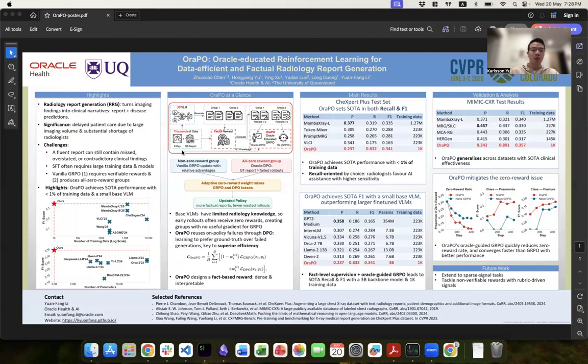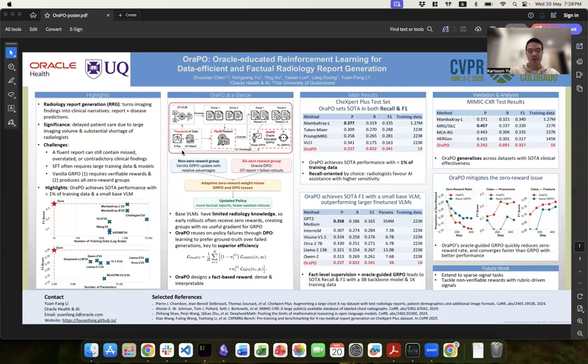We further validate OraPO on the independent MIMIC benchmark. Again, OraPO generalizes strongly across datasets and achieves the best recall and competitive F1 despite extremely limited training data. On the bottom right plots, we analyze the reinforcement learning dynamics.